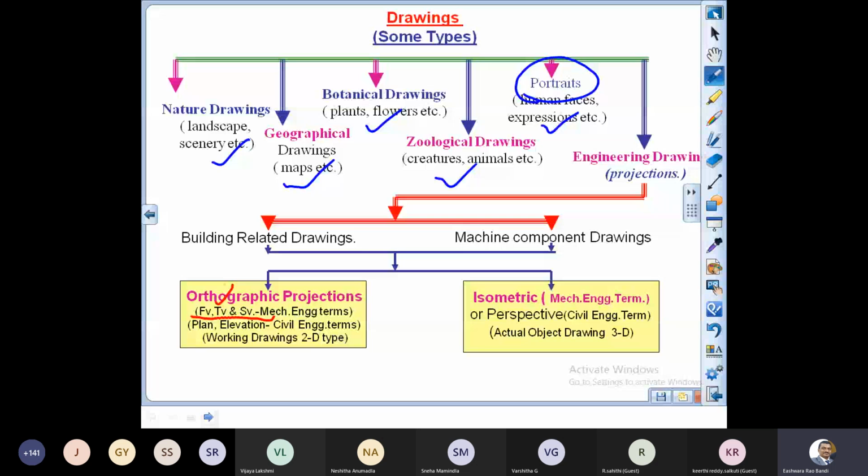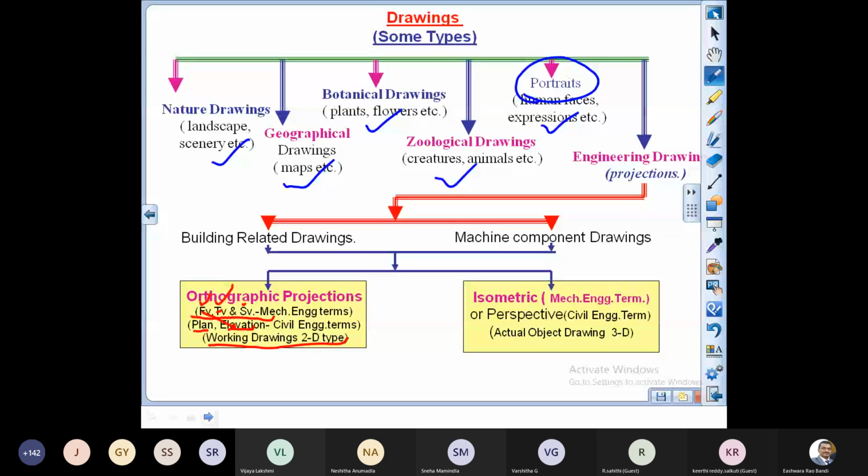The same terminology in civil engineering we call the plan and the elevation. The plan means top view and the elevation means front view. These are the different names we use in different trades, and these are the working drawings of 2D type.